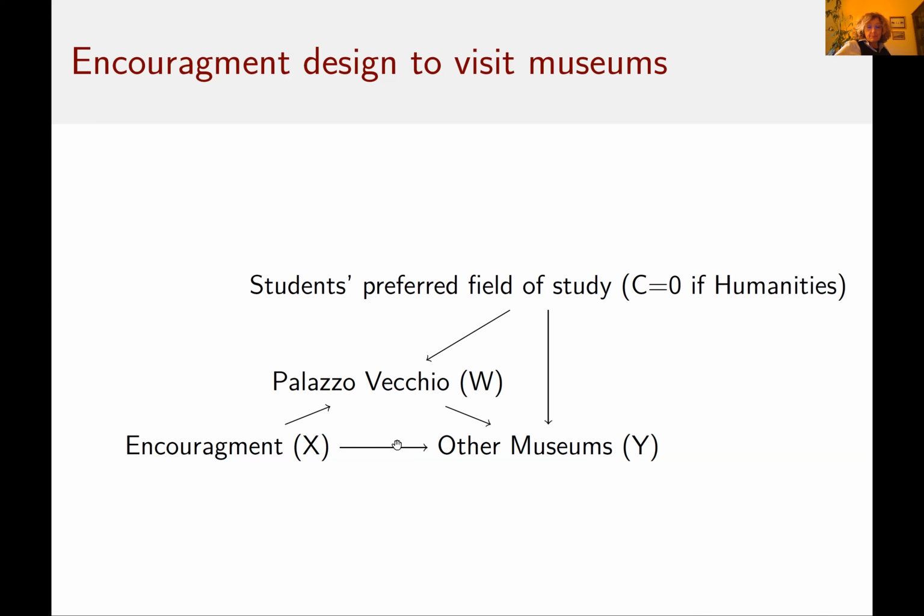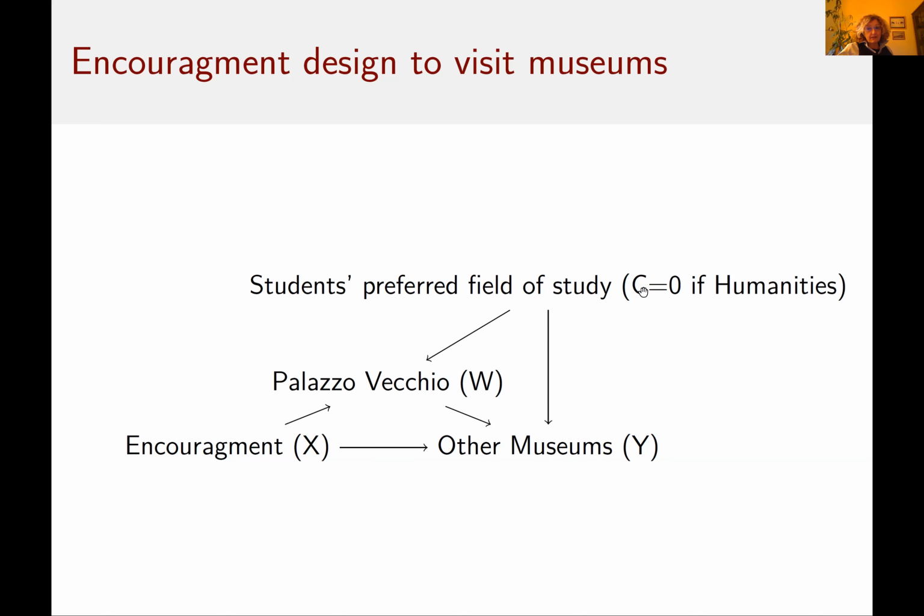We consider as the outcome the visits to other museums in the 6 months after the experiment. So the idea is to decompose the effect of the encouragement design on Y into one which is mediated by the visit to Palazzo Vecchio and a direct one.